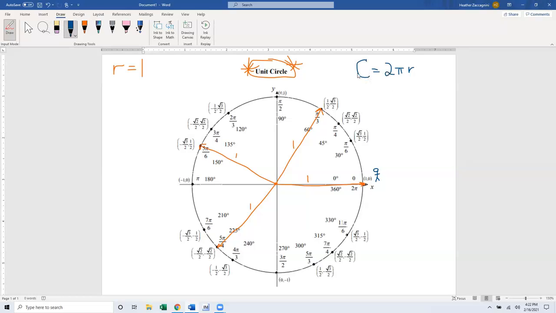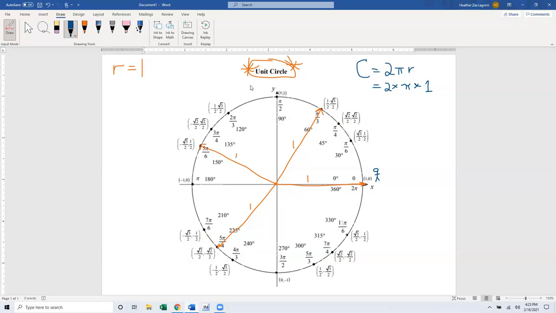So if we have our circumference equation here and we plug in our knowns, we would have 2 times pi times, for the unit circle, 1, because we've held our radius to 1.